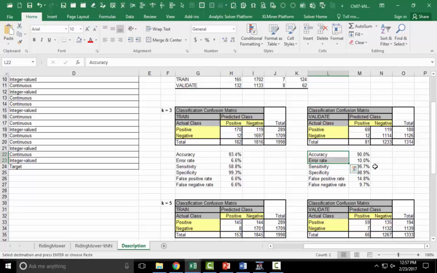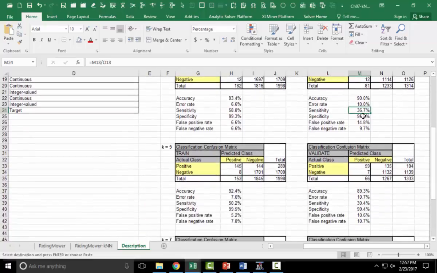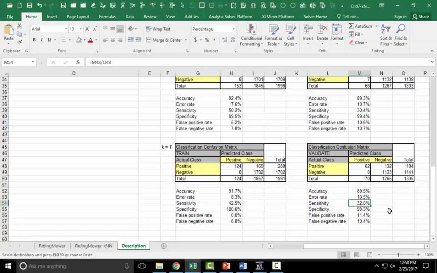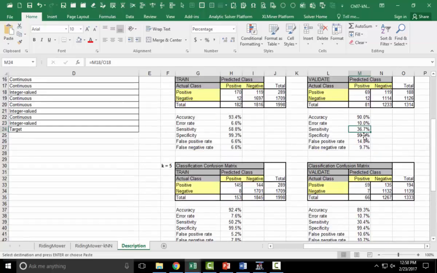On the other hand, if sensitivity is the important criterion, that is, you want to maximize the true positives from the actual positives, then 36.7, 30.4 and 32, and again k equal to 3 does a better job than the other two.